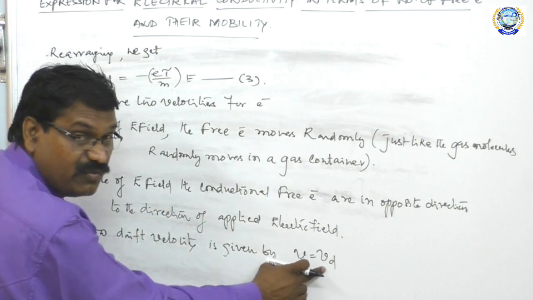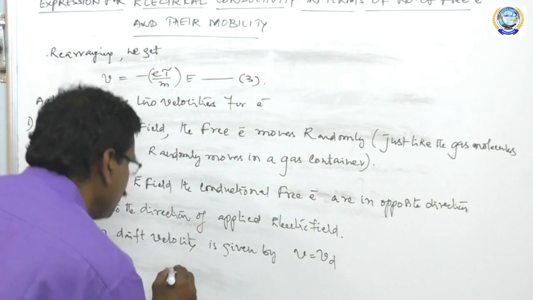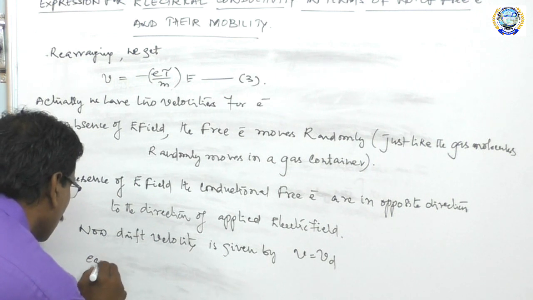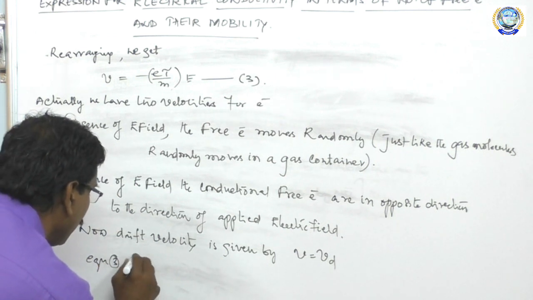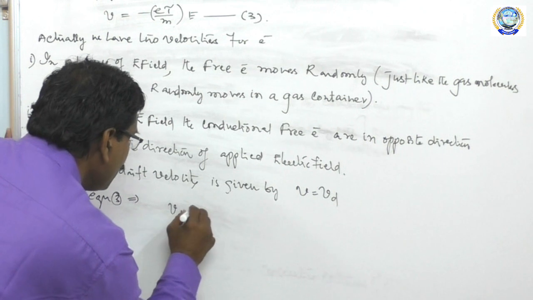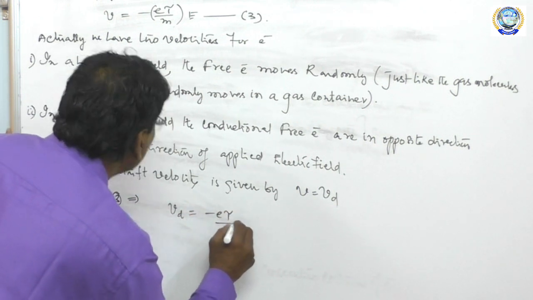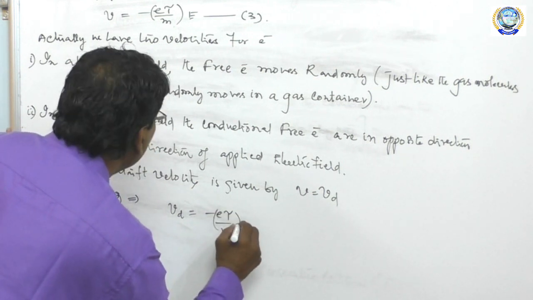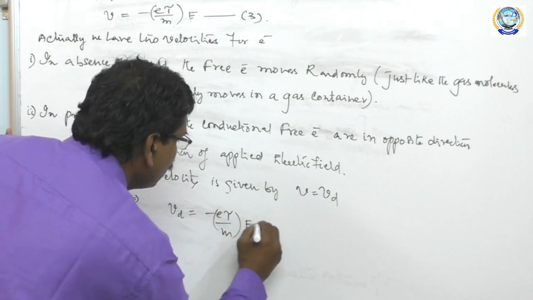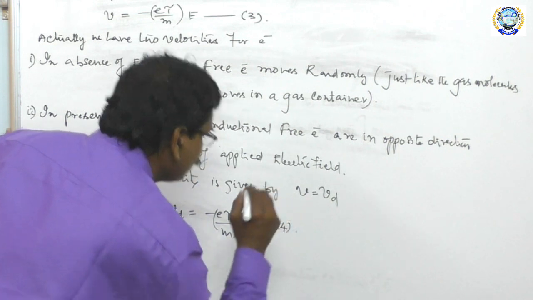Then my equation 3 becomes vd is equal to minus e tau by m into capital E. Equation 4.